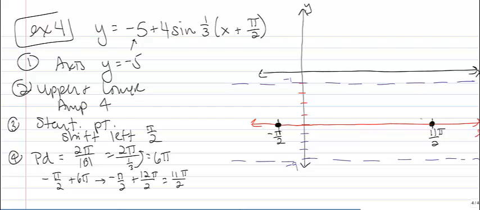Now it's just time to find the middle points. I know you guys sometimes with fractions, it's not your favorite thing. But if you know that the whole thing from negative pi over 2 to 11 pi over 2 is 6 pi, because that's what our period is here, half of 6 pi is 3 pi. So just subtract, or you could add, doesn't matter.